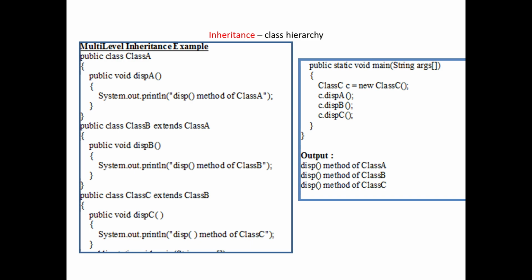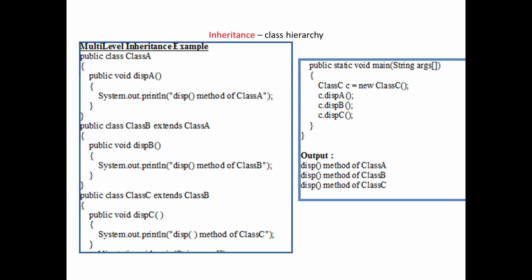Class A consists of the display A method, which prints the statement display method of class A. Class B consists of the public void method disp B, which prints the statement disp method of class B. Similarly, class C consists of public void display C, which prints disp method of class C as an output statement.